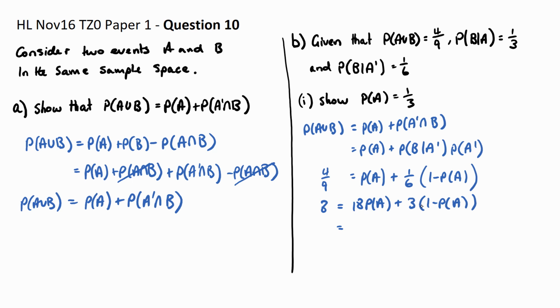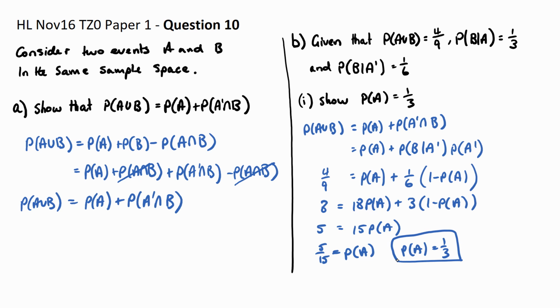So this will be 18 P(A) minus 3, so it'll be 15. And 3 on the other side will be 5. So therefore, 5 on 15 is the probability of A, which is 1/3.